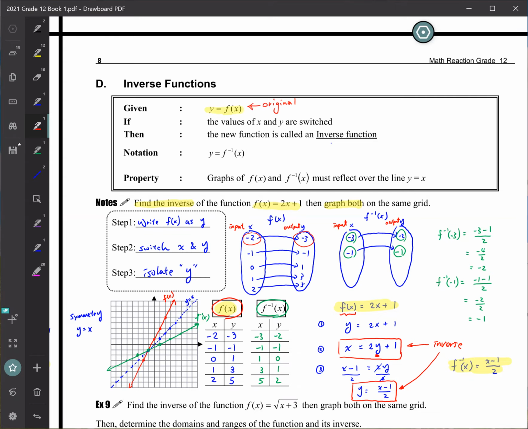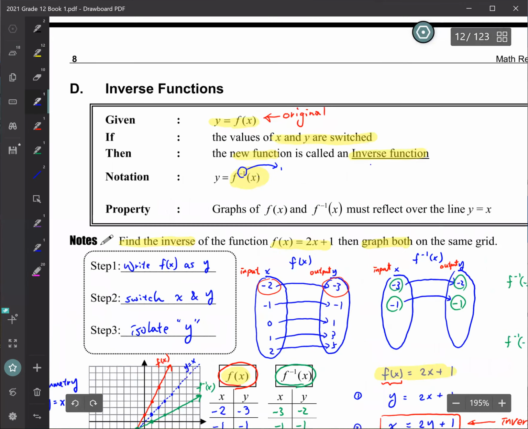If the value of x and y are switched, remember, inverse means you need to switch x and y, then the new function is called the inverse function. We just covered that. The symbol for that is f with the -1.